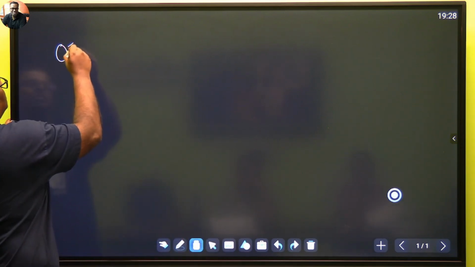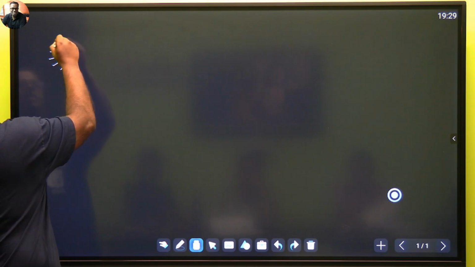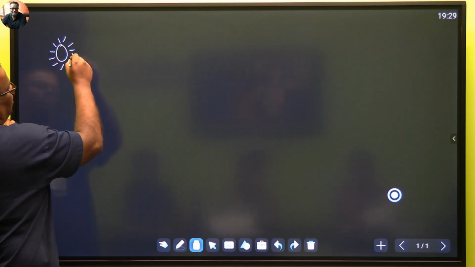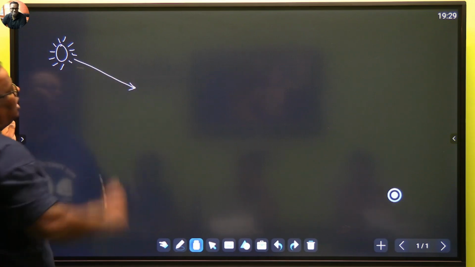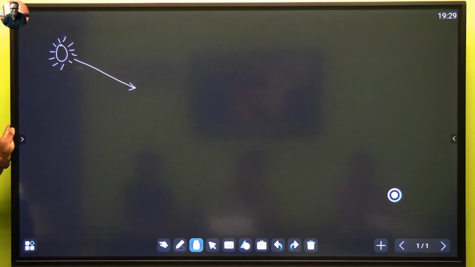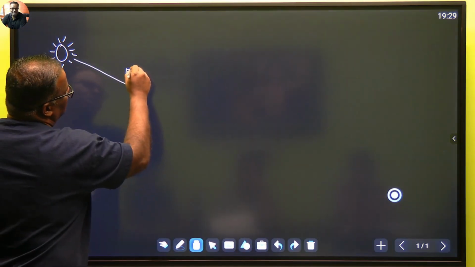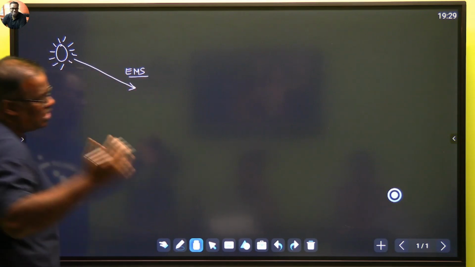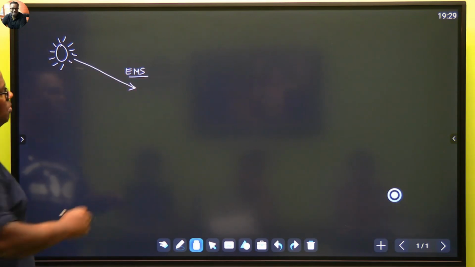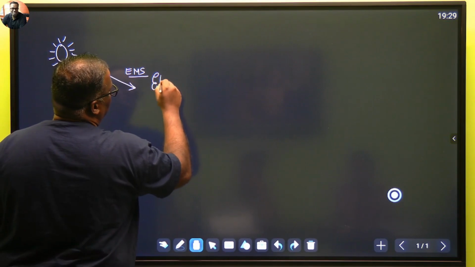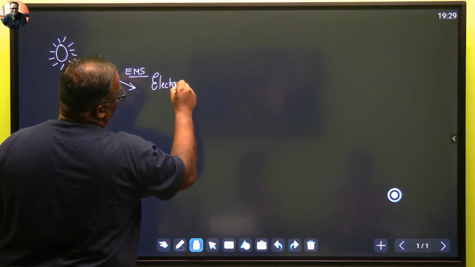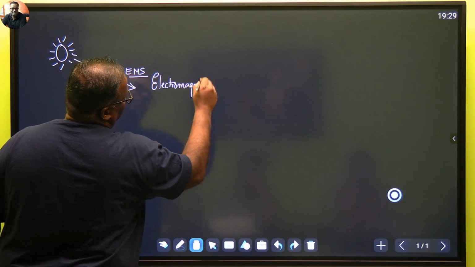sun. This is the sun, and whenever you are getting, say, sunlight, you now need not think about it only as sunlight. You should think of it as the EMS. Whether your book says about it or doesn't say about it, you should know it. EMS stands for the electromagnetic spectrum.